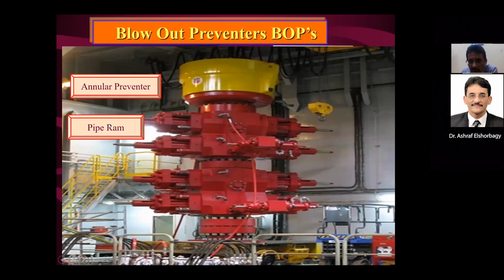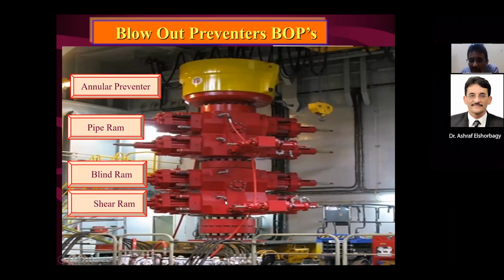Then the blind ram, which shuts in the well. If we have any gases coming to the surface, we have to shut in the well with the blind ram, and the blind ram shuts in the well when there is no drill pipe inside the well. The last one is the shear ram, which shears the drill pipe and shuts in the well.